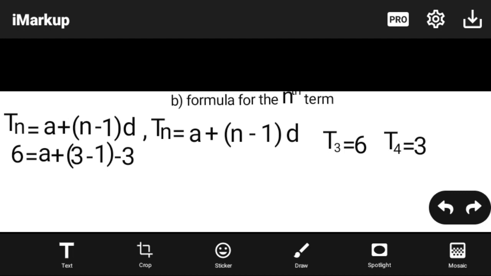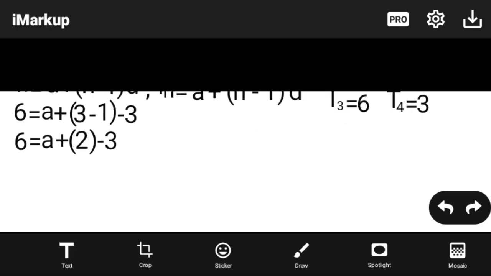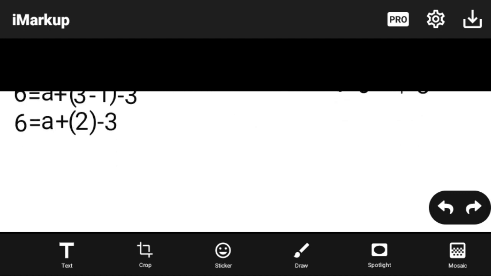Then we proceed to say 6 is equal to a plus 3 minus 1, which is 2, times negative 3. Then 6 equals a plus, when you multiply negative 3 times 2, it gives you negative 6.